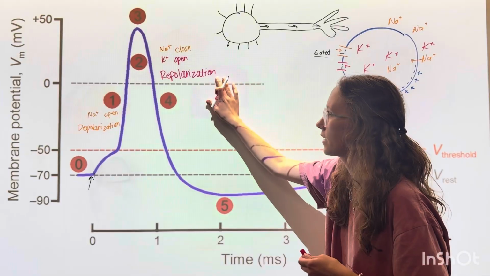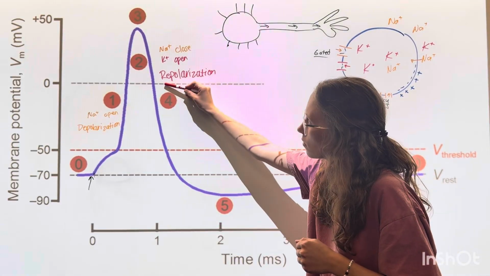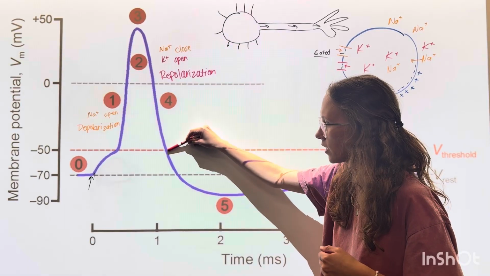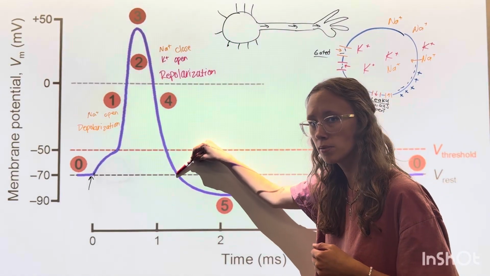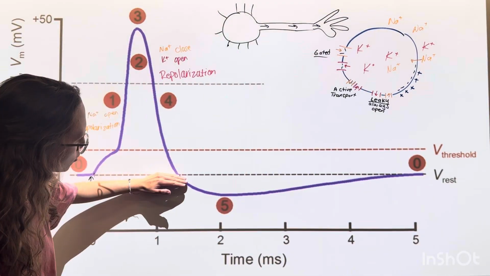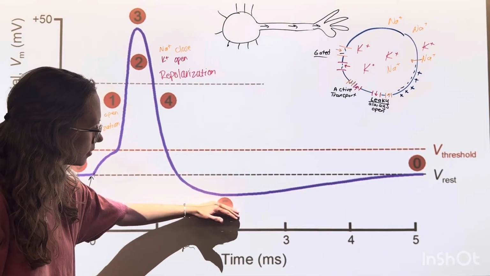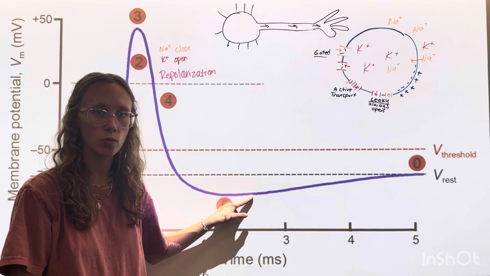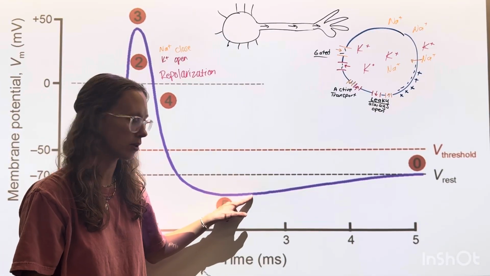Becoming more negatively charged here. Potassium channels stay open here, and it actually crosses that threshold of negative 50 and that resting membrane potential, and it overshoots here. Once it goes past that resting membrane potential of negative 70, this is now called hyperpolarization. We've gone past that resting membrane potential.